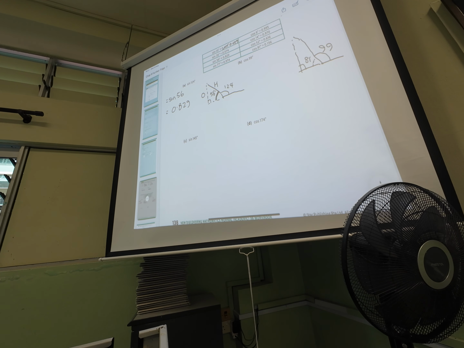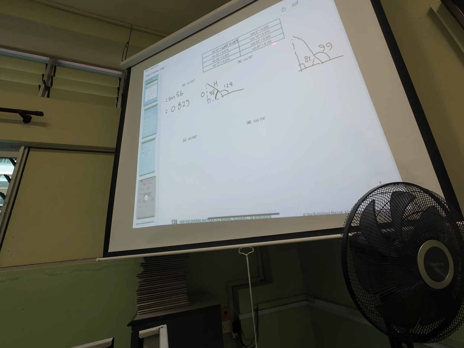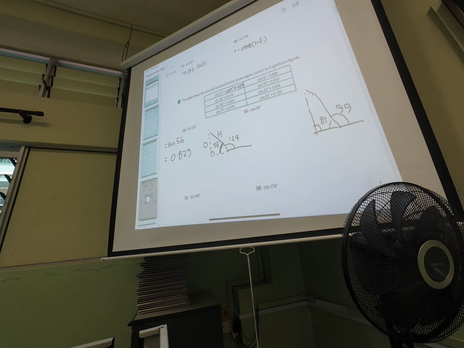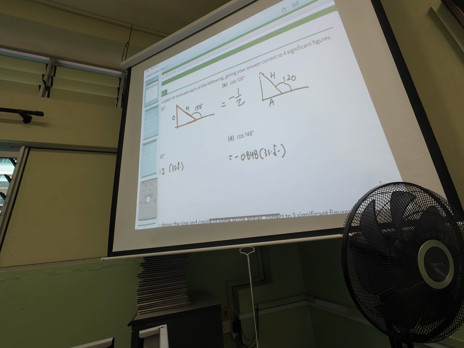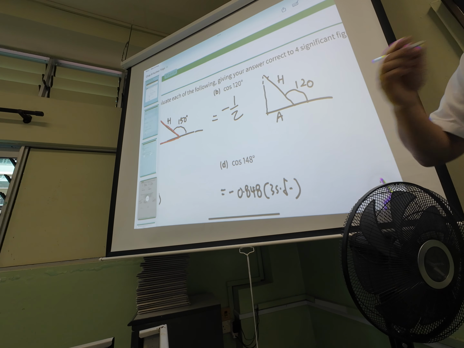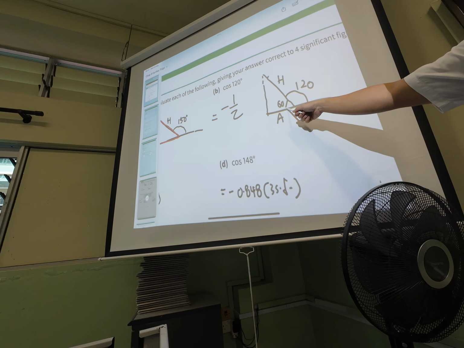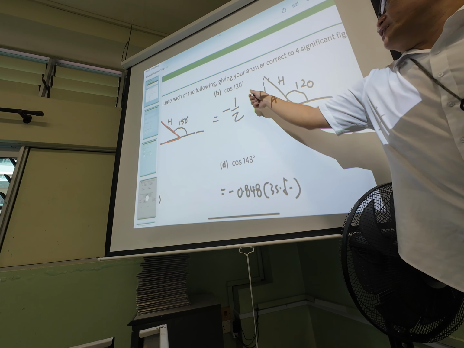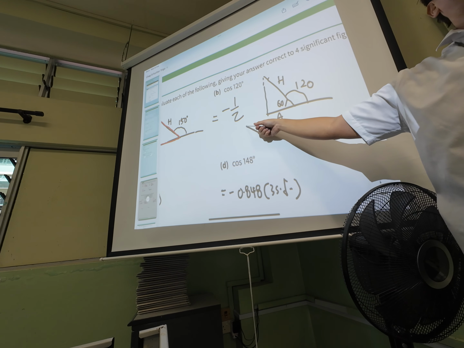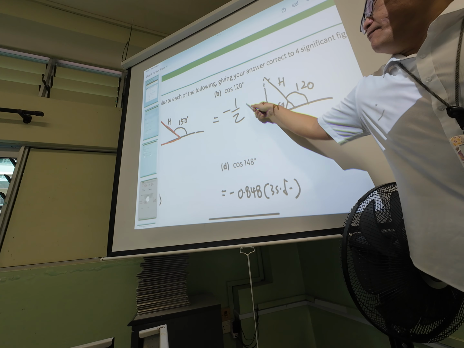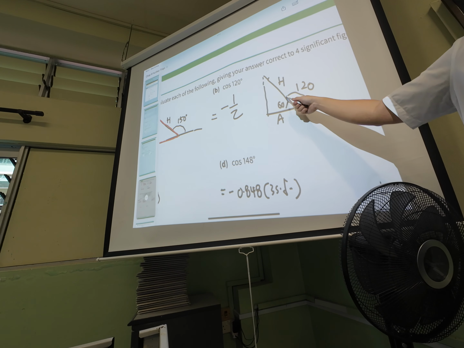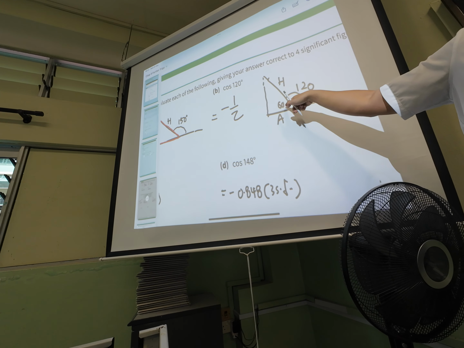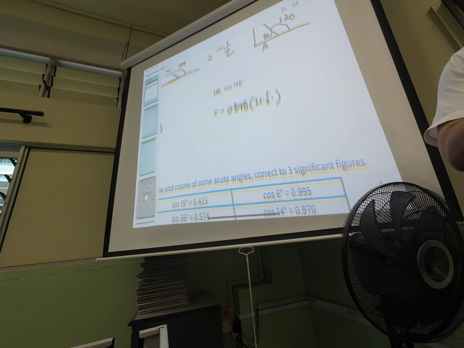But is cosine 99 the same as cosine 81? No, because if you refer to the question just now, you see 120 with 60, but they are not the same. Cosine 60 is half, cosine 120 is negative half. The value is the same, half, but for the cosine of the obtuse angle, we must add a negative sign to the cosine of this supplementary acute angle.